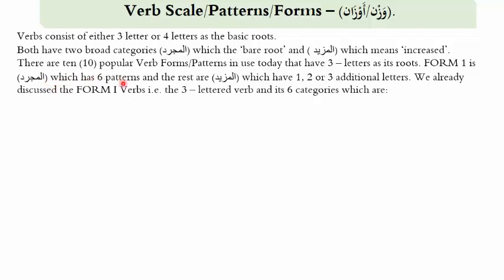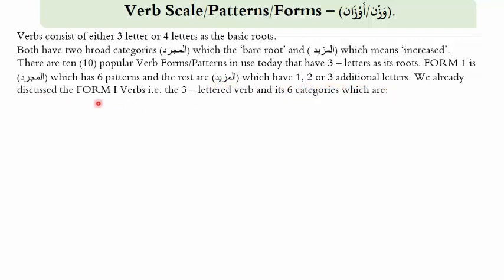So form 1, which is the 3-lettered verbs, fa, ayn, and lam, is called form 1 in the Hans Wehr dictionary. There are 9 other patterns that are mazid. The mujarrad form has 6 patterns which we dealt with and learned and revised and talked over a lot of times. And the rest are al-mazid, which have 1 or 2 or 3 additional letters.